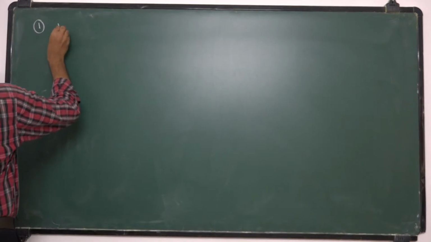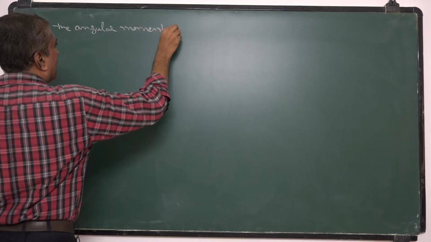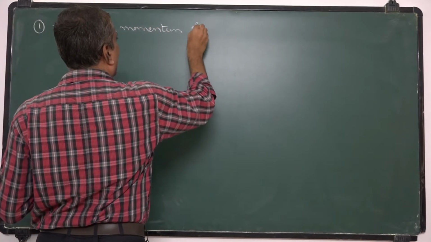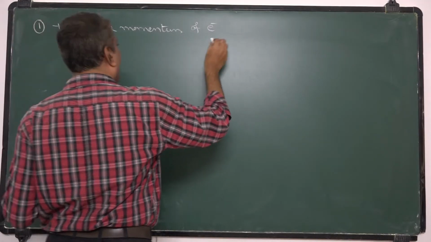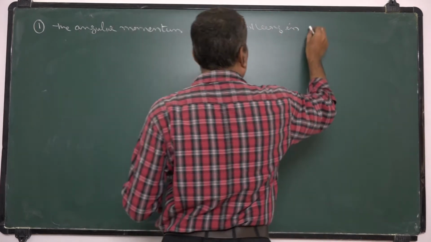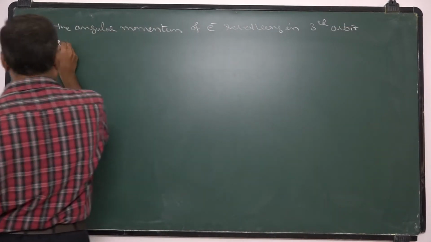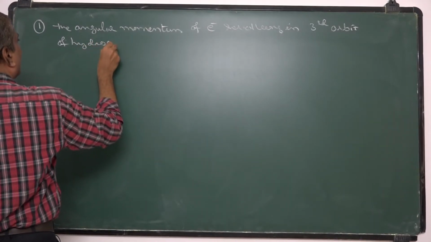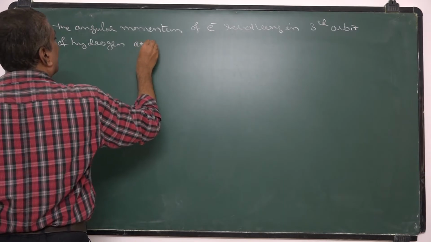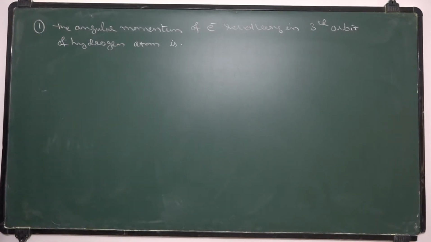The angular momentum of an electron revolving in third orbit of hydrogen atom is... Okay.